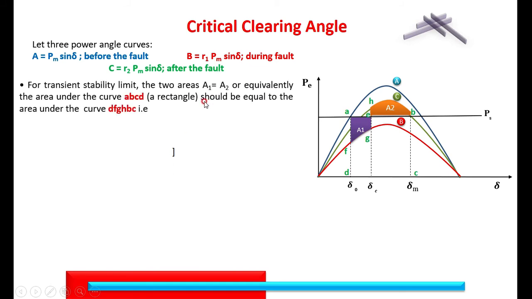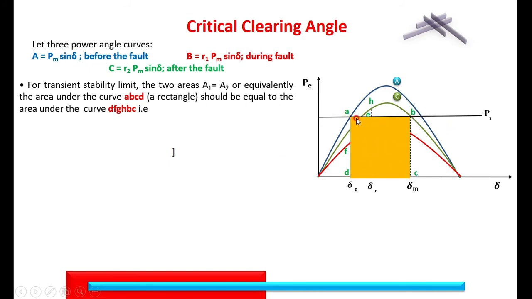Now, for the transient stability limit, the area A1 should be equal to area A2, or equivalently the area under the curve ABCD. What is this line?